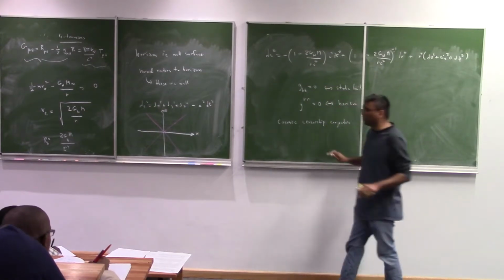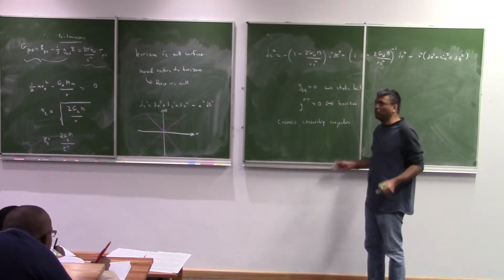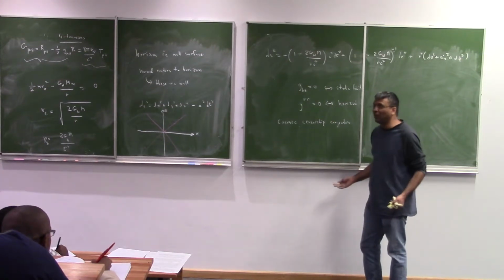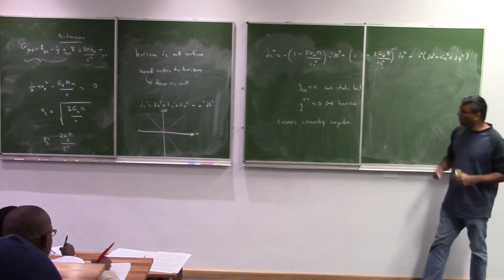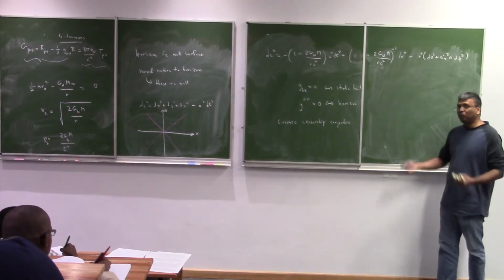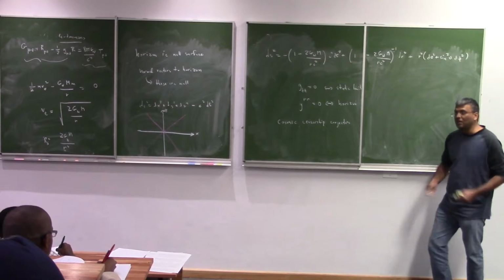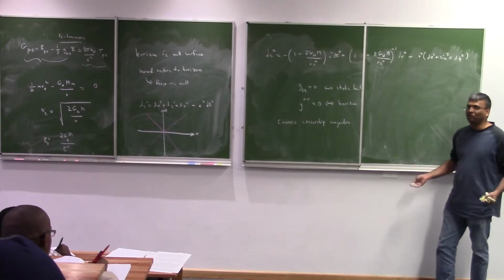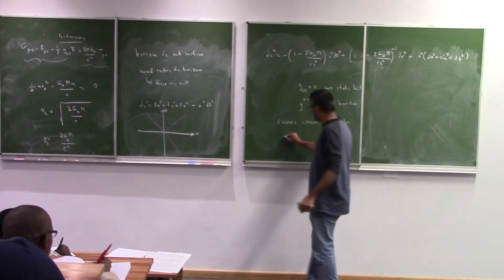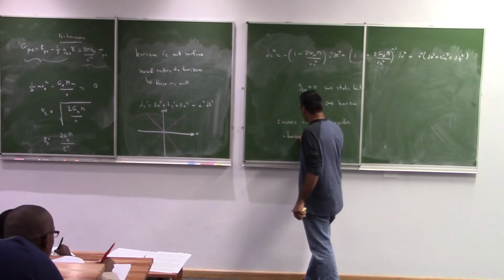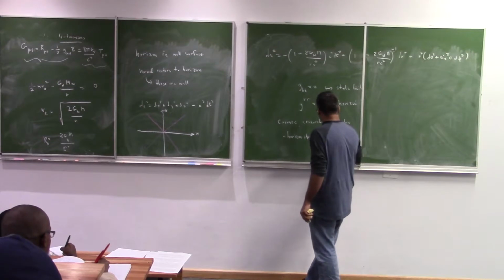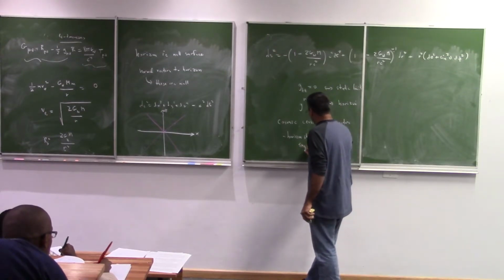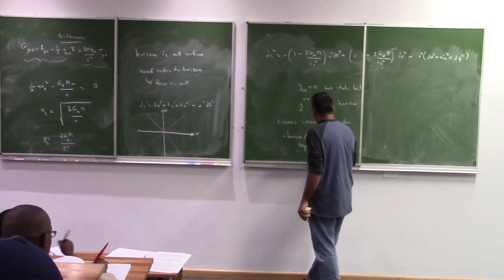The cosmic censorship conjecture says that because singularities are bad, we need to avoid singularities in classical gravity. So the cosmic censorship conjecture asserts that when there are singularities in space-time, these singularities are shielded behind a horizon. Now, this works for black holes.